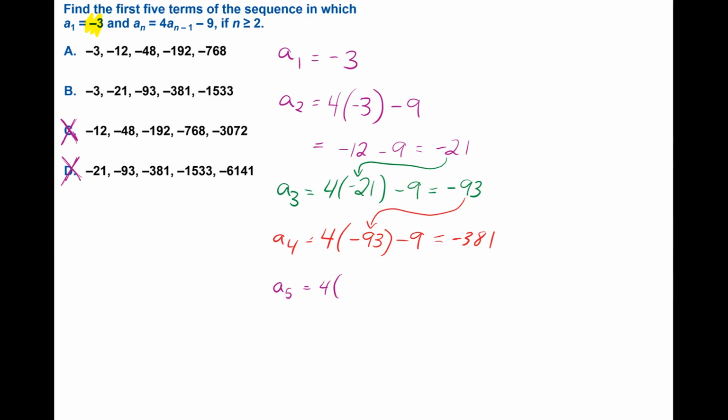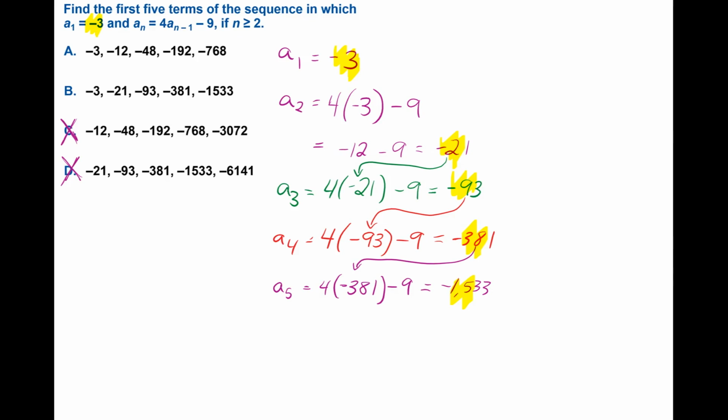I'm just taking the number before it and plugging in. It's got a nice rhythm to it. So 4 times negative 381, well, that is going to be negative 1,524. Minus 9, negative 1,533. We have our first 5 terms right here.